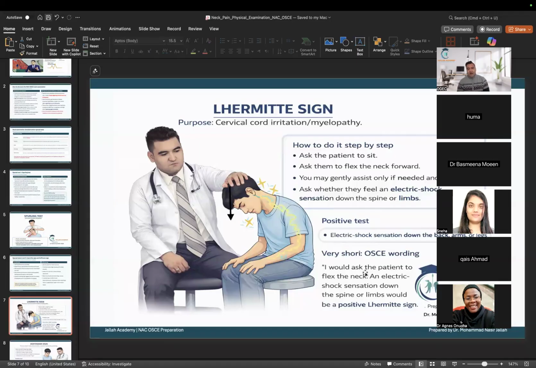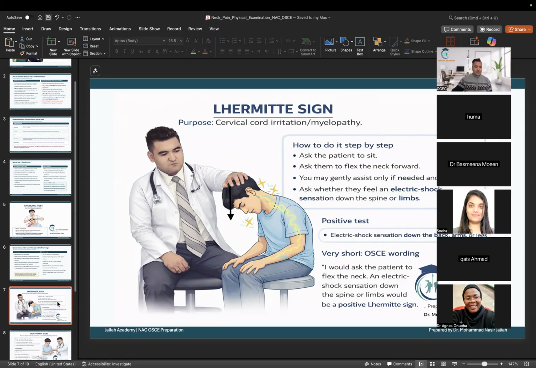Then I would ask the patient to flex his neck and see if there is an electrical shock sensation shooting down the arm, spine, and leg. If it is positive, it means the patient has cervical myelopathy. If negative, then I will apply pressure on top of his head to see if it is positive, but mention that I do it gently.